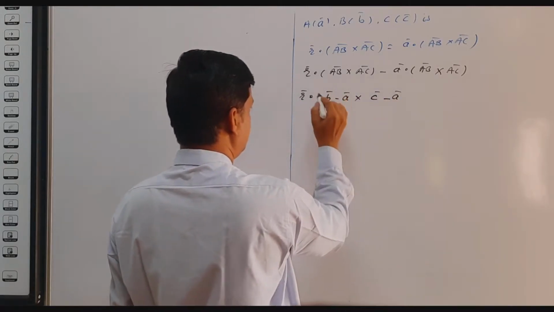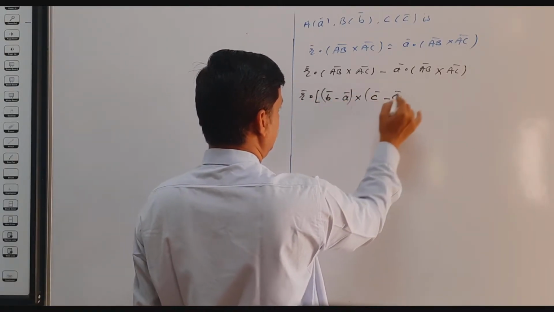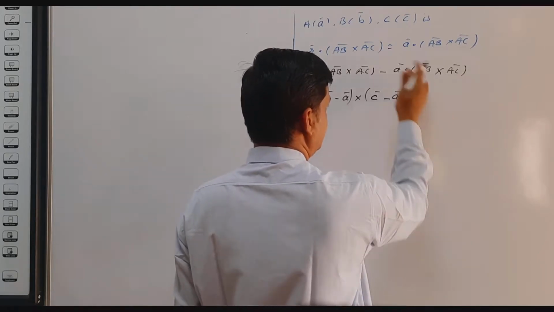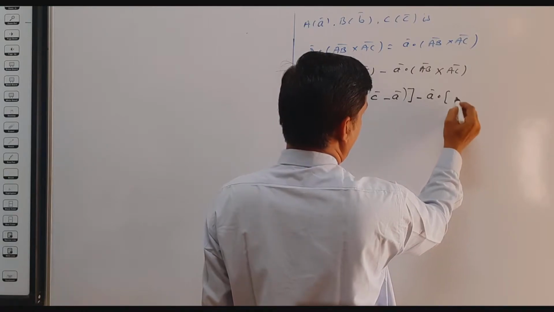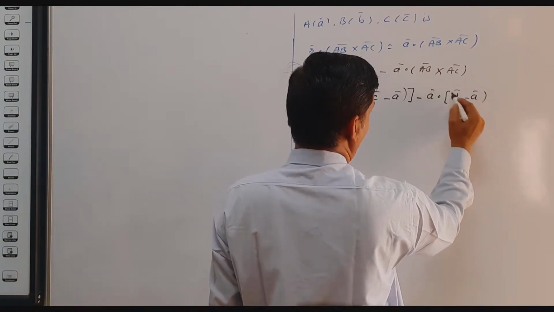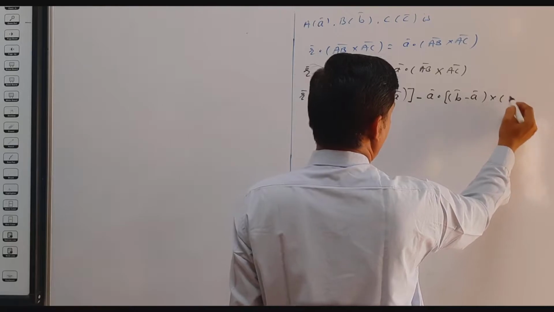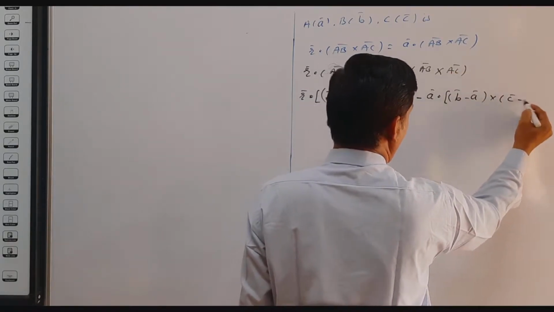So we write here square bracket, minus this A bar, we write as A bar dot B bar minus A bar cross C bar minus A bar.